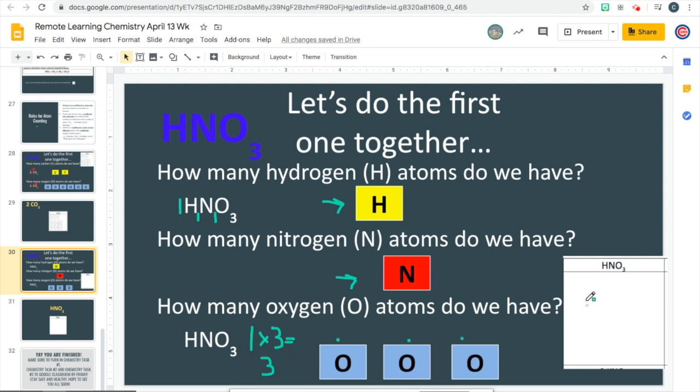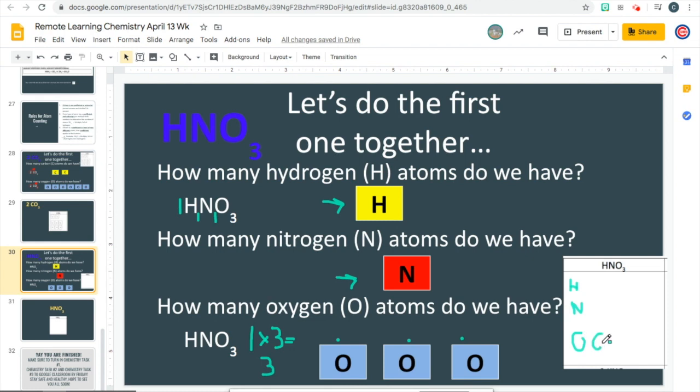All right. So I know on your Google Doc, it's gonna be a little difficult to make the boxes. Don't feel like you have to make the boxes. All you have to do is just write down the letters. So for example, for this one, I'm just gonna write 1H, right? Because we have only 1 hydrogen, 1 nitrogen, and then 3 oxygen.